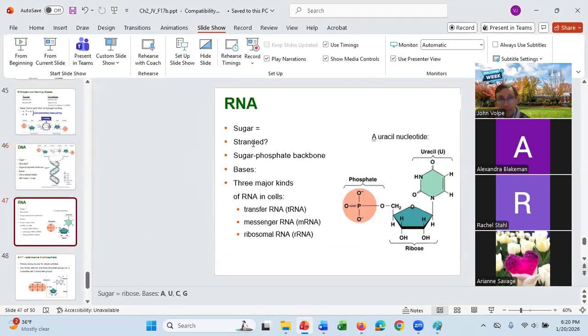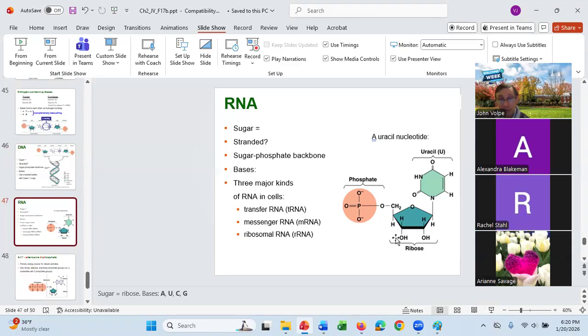RNA has the sugar ribose, which is also a 5-carbon sugar shown right here. It is always single-stranded in our cells, unless you have a virus which is double-stranded. In your cells, you'll only have RNA which is single-stranded.